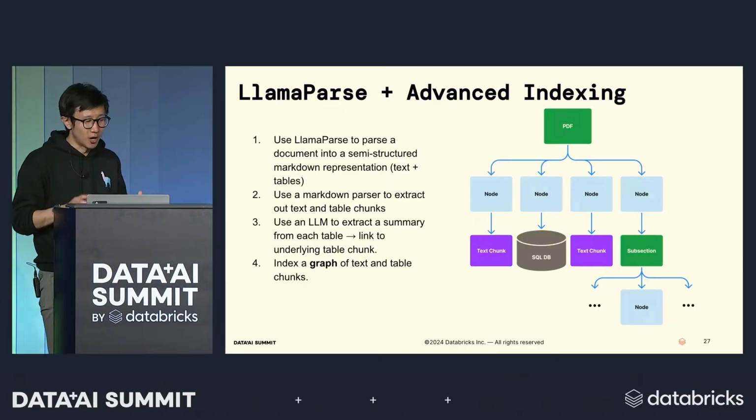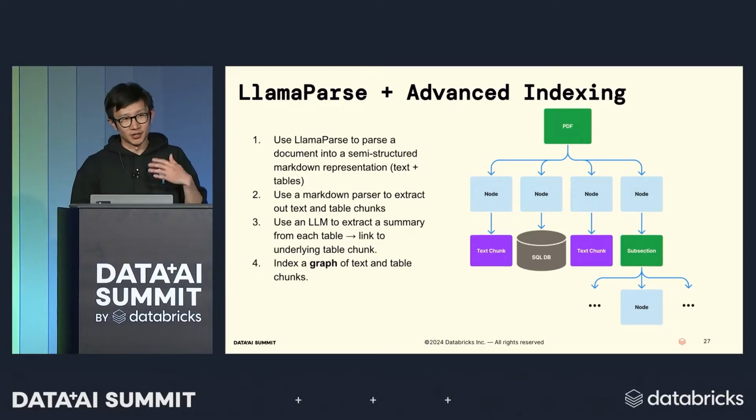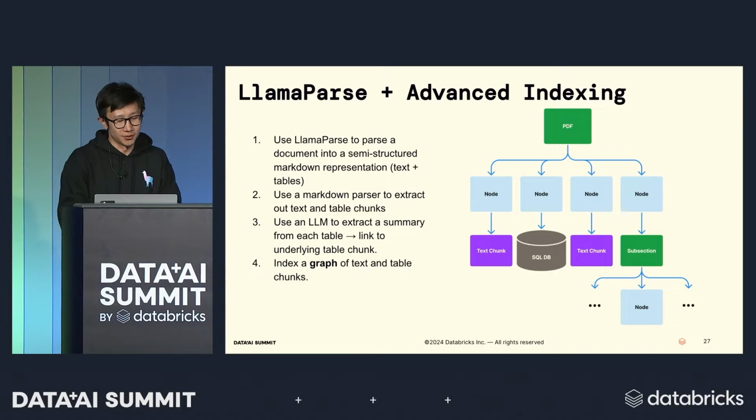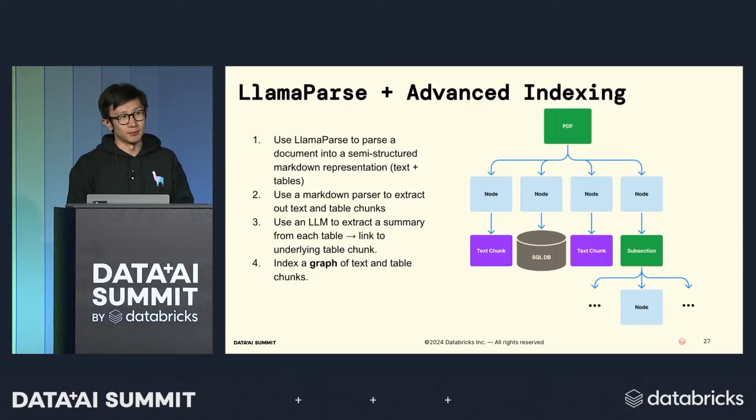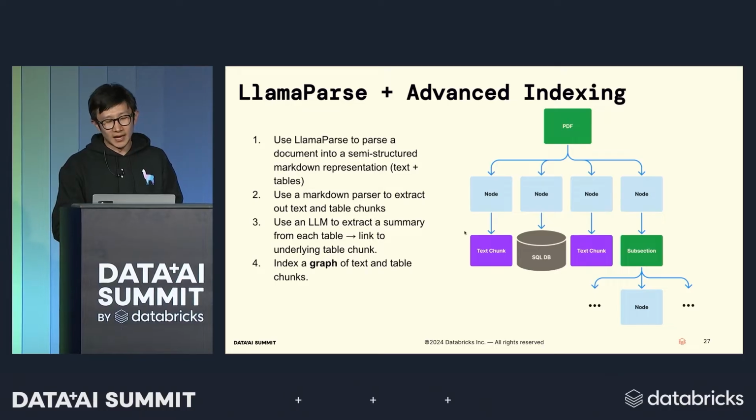Once you're able to model your document in specially delineated text, tables, images, then you can use some sort of parser algorithm to extract out the text, table and image chunks. And what you basically get is some sort of document graph, right? So if we visualize a little bit, you might have a text chunk right here.